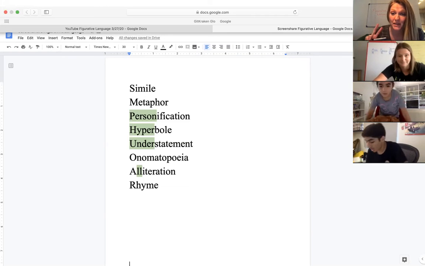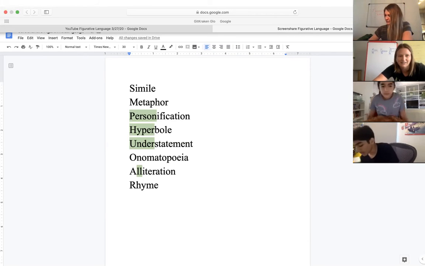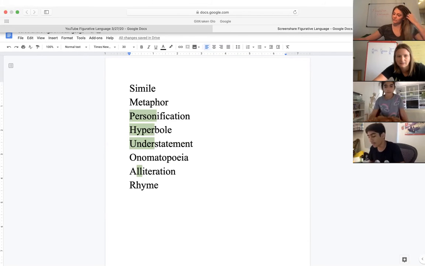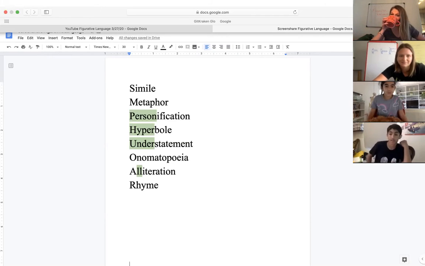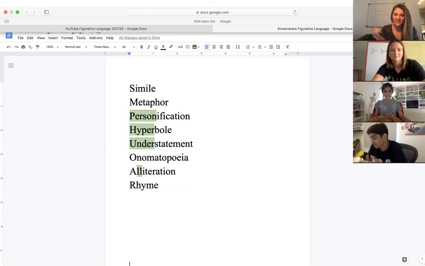Because tick tock is an onomatopoeia, but it started with T and T, which is another form of figurative language. What is it? Alliteration. If you have a lot of T's in a row. Yep. Also, onomatopoeia is spelled onomatopoeia. Correct. Literally, it's supposed to sound like it's spelled, and it's not spelled that way. It's the word for sounding how it's spelled.